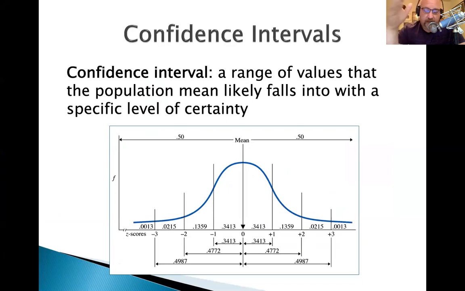So it's like saying, my sample average from this distribution of sample means represents all schools within this range, or all population scores within this range.